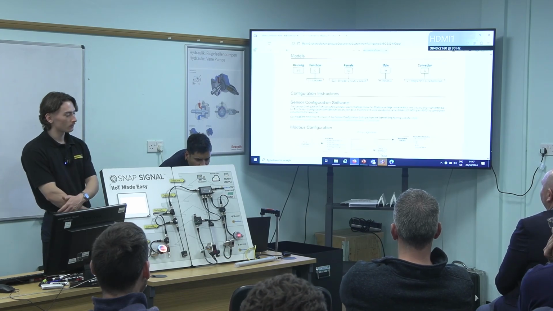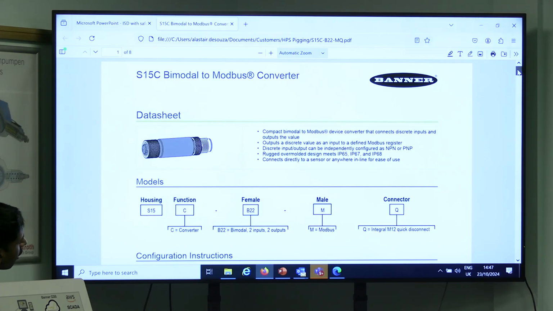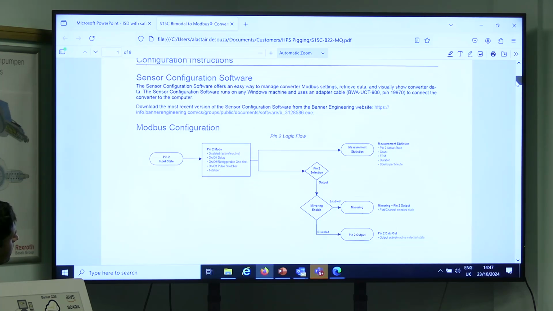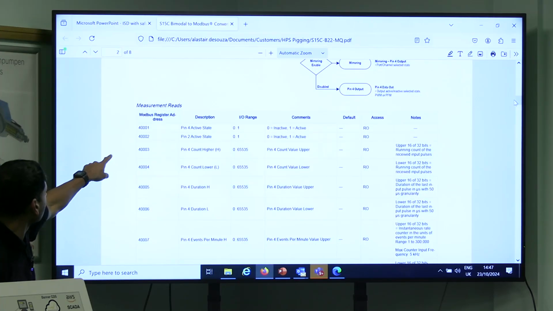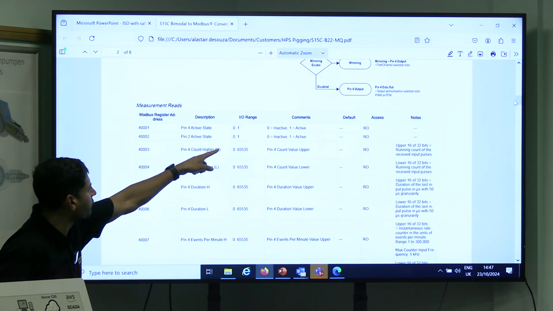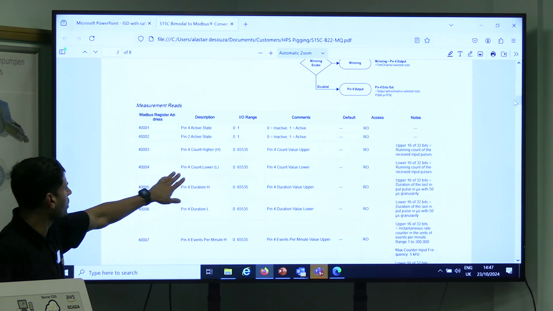So this is a typical data sheet of one of our discrete converters. A normal sensor will be either on or off. But from this, these are the registers. So 4001 would be your active signal on or off. Then you've got these built-in counters.